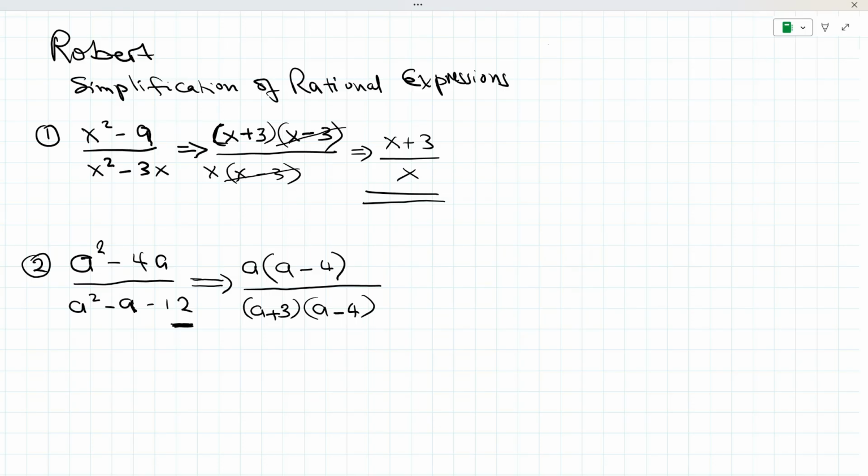So once we get to this point, again, it's time for us to simplify. At the top, we have a minus 4, and at the bottom, we have a minus 4 also. So this finally gives us our answer as being a over a plus 3. So this will be our final answer.